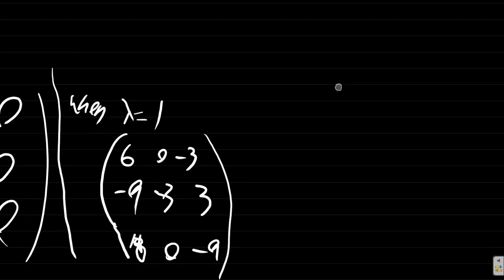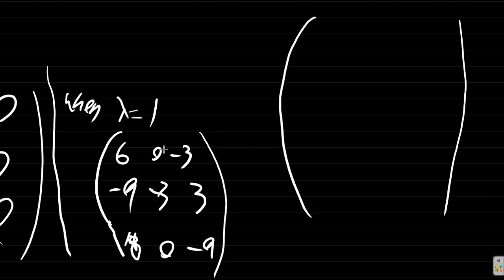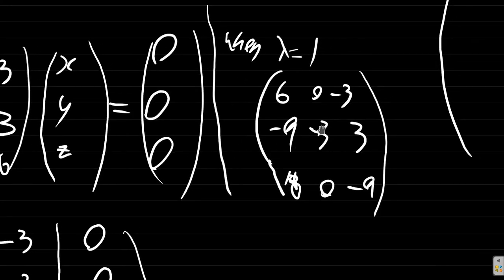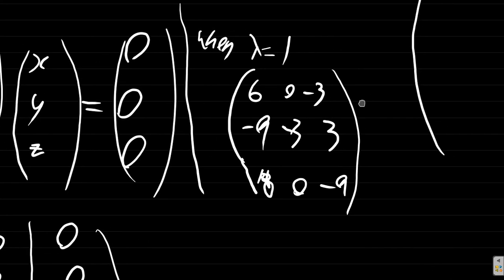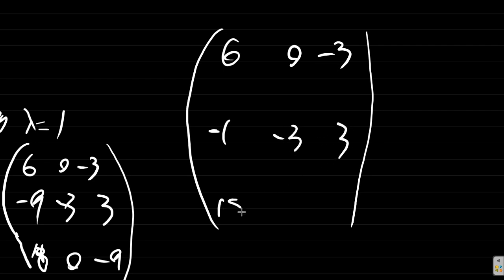So, working with this, suppose you divide, all right, let's use it as it is here. You have 6, 0, negative 3, negative 1, negative 3, 3, 18, 0, negative 9, right?